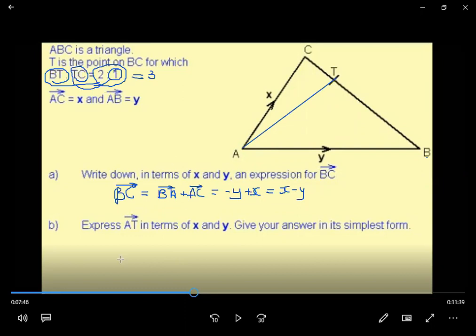Now AT is moving from A to C, and then from C to T. All right. Any question?